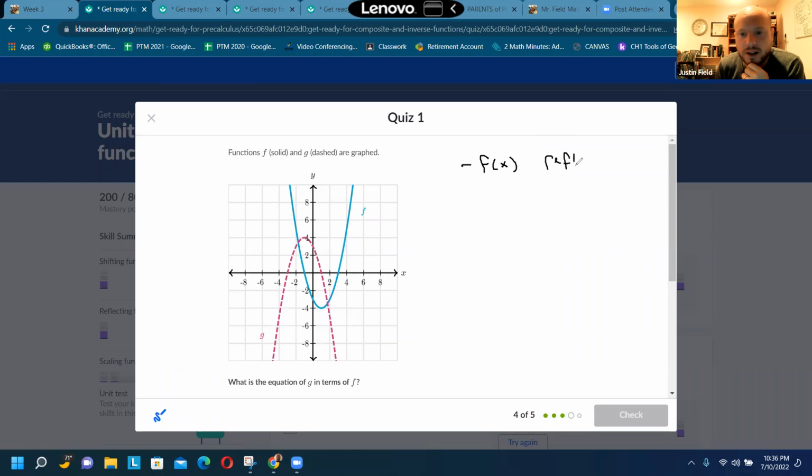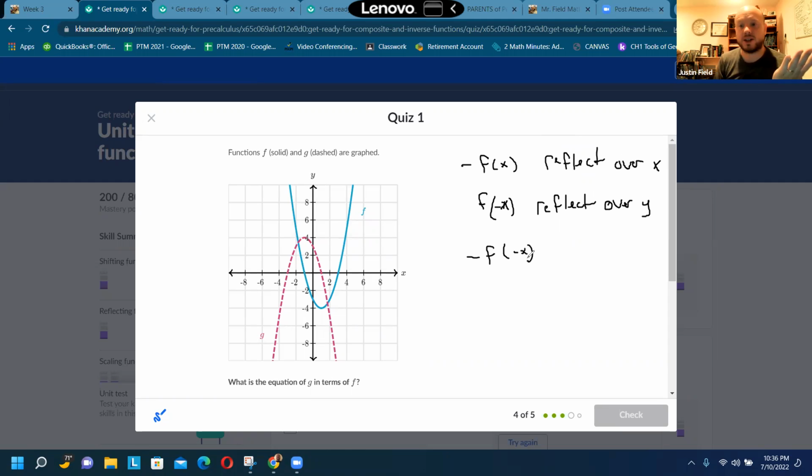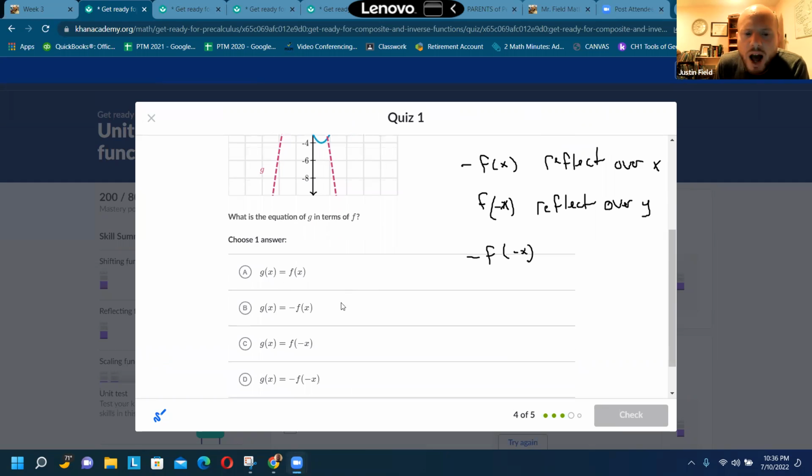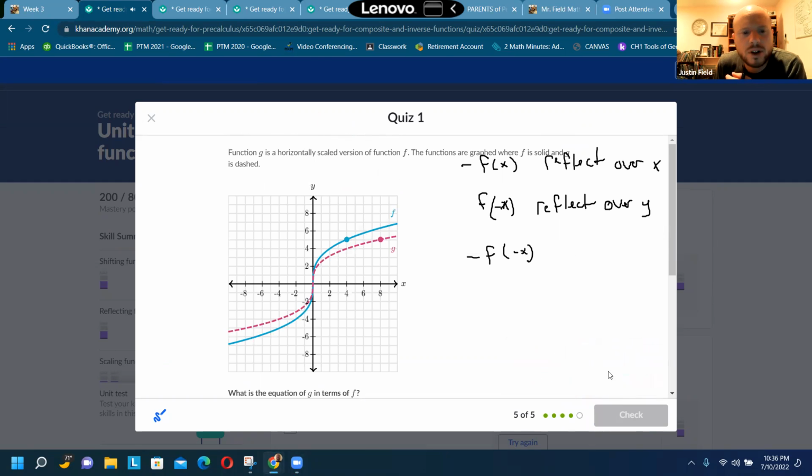That's a reflection over x. And then this is a reflection over y. And so if we're reflecting over both, that's going to look like that, two negatives, which in this case do not make a positive. They make a double reflection.